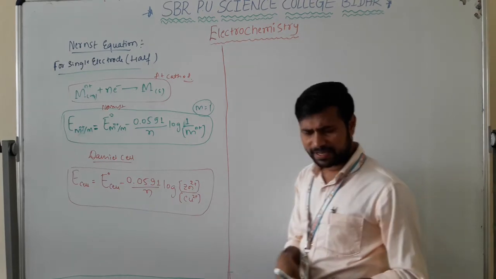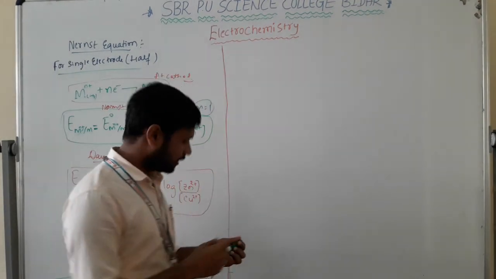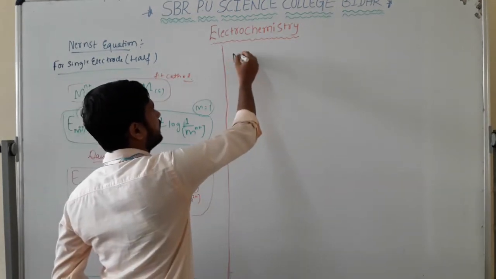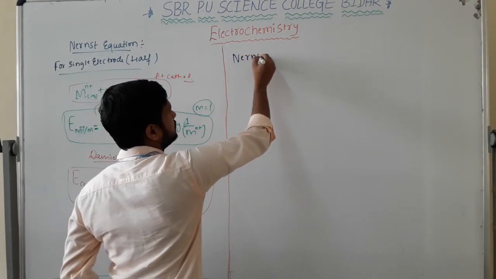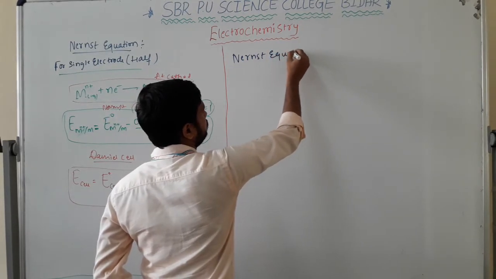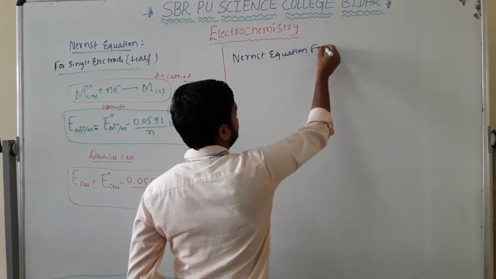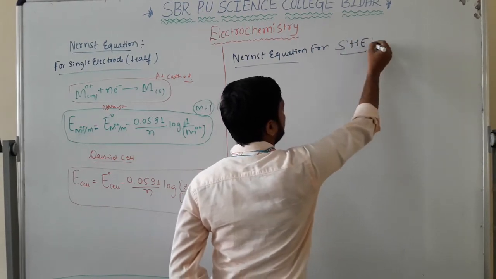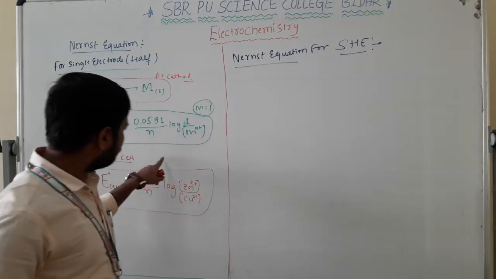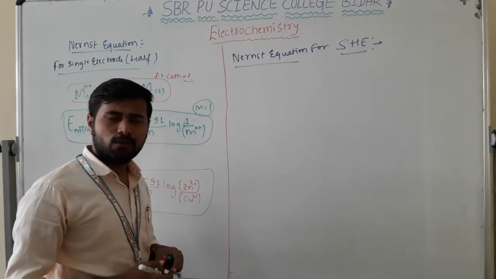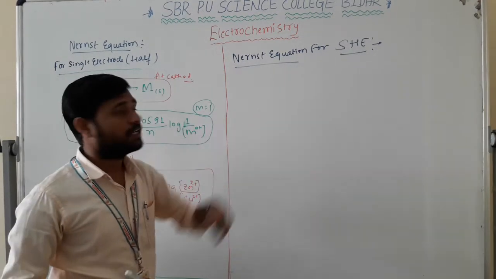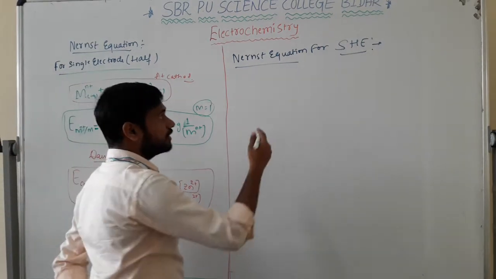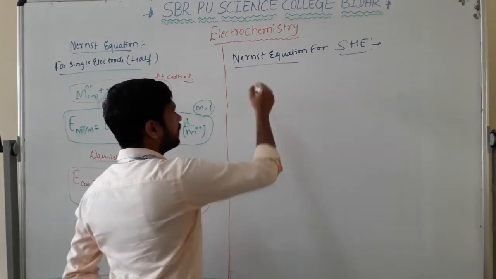Now today we are learning a very important concept, the Nernst equation applied to the SHE, that is the standard hydrogen electrode. When we write for the Daniell cell, now I want to write the Nernst equation for the SHE. You already know what reaction happens at the standard hydrogen electrode.